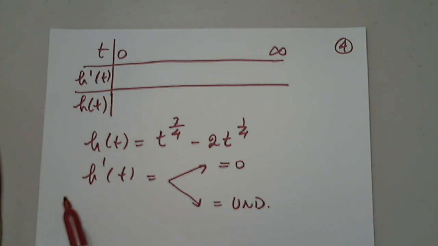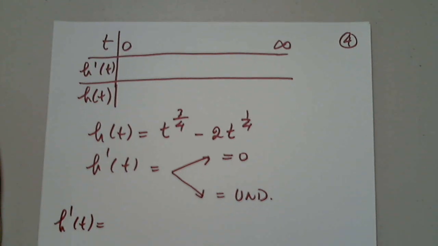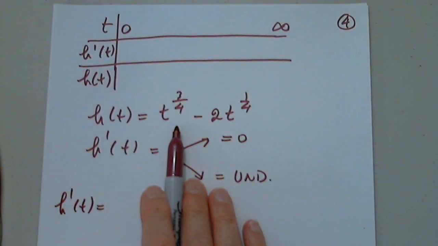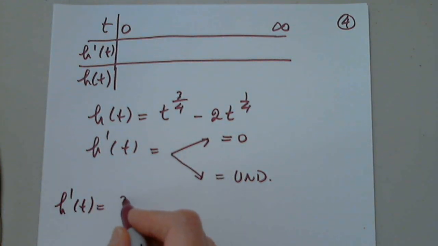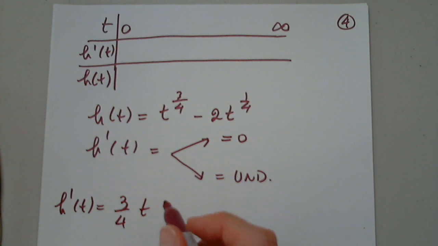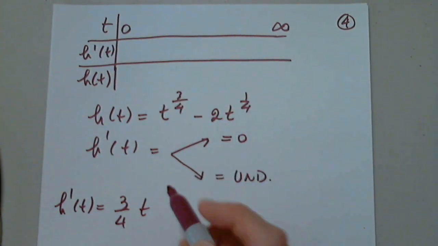Okay, perfect. So can anyone give us h prime of t? Anyone, please. One-fourth t... so 3/4 t to 3/4 minus 1.